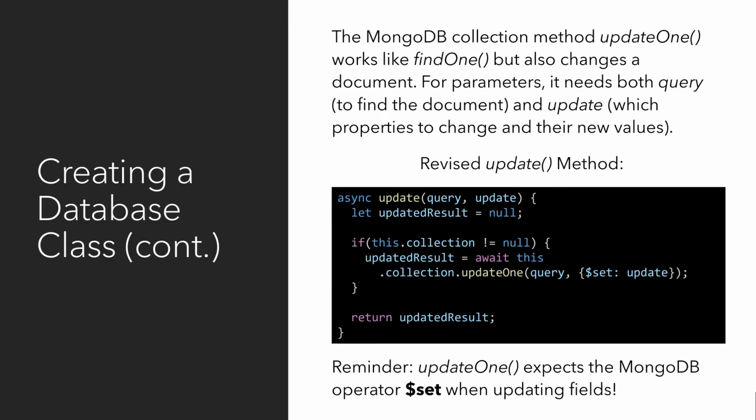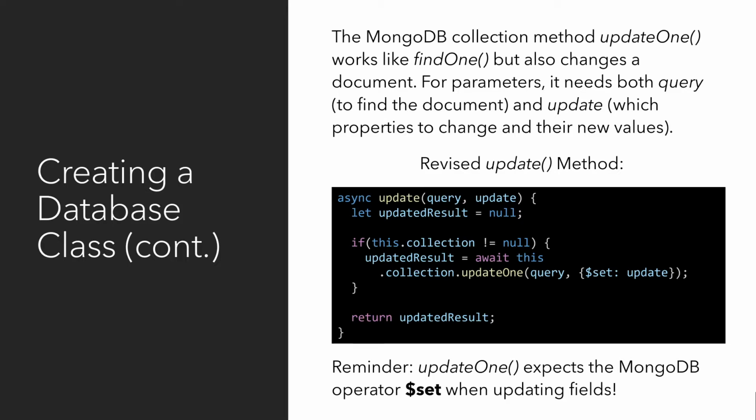should be updated. Notice the new revised update method looks very similar to the previous revised use of read. The update method and the read method look very similar, but update needs that additional parameter. As a reminder, as is put at the bottom of this slide, update1 expects the MongoDB operator set with a $ sign when updating fields.